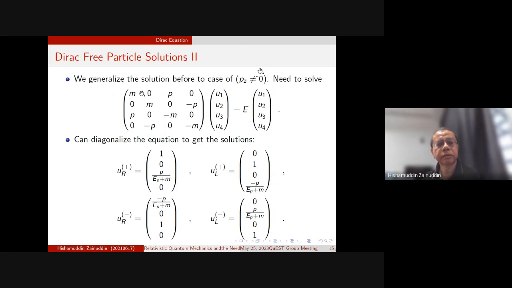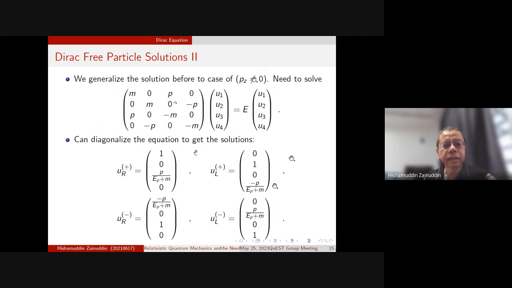The only problem to get the solution that you need is the U1 until U4. This is actually non-diagonal, but you know how to do this. You diagonalize it, and you find the solutions, and the solutions can be given as this.